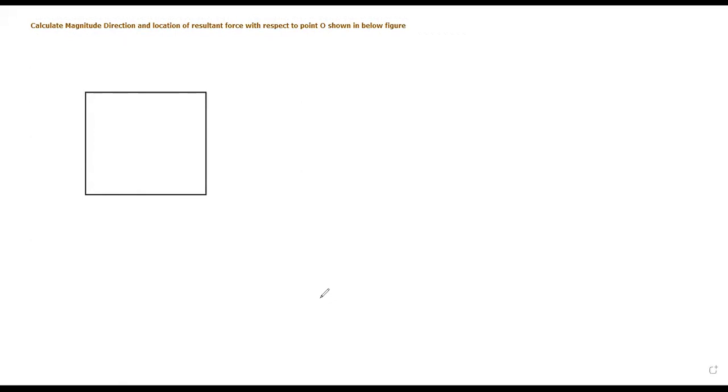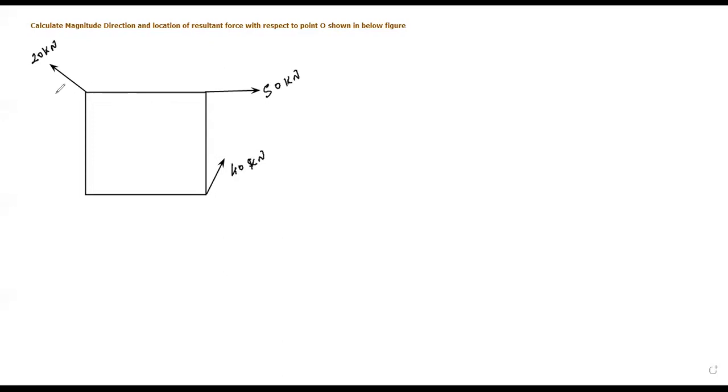This body is subject to a number of loads. Say one horizontal load here, inclined load given, one more inclined load is given, say 50 kilonewton, 20 kilonewton, 40 kilonewton.